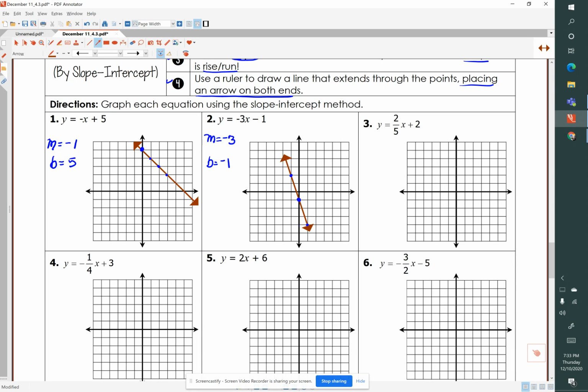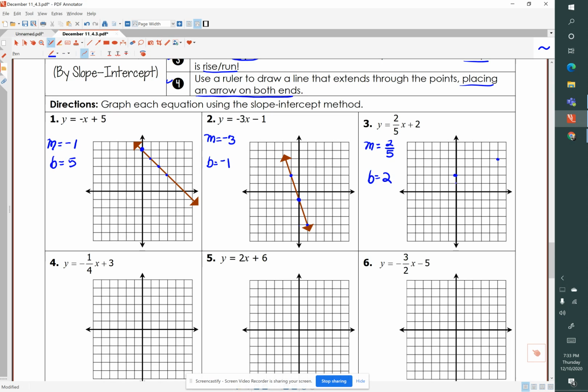Okay, number 3, our slope is 2/5, a rise of 2 for a run of 5. Our y-intercept is 2, so we'll graph the y-intercept. Then we have a rise of 2, and this is a positive slope, so a rise of 2 and a run of 5.